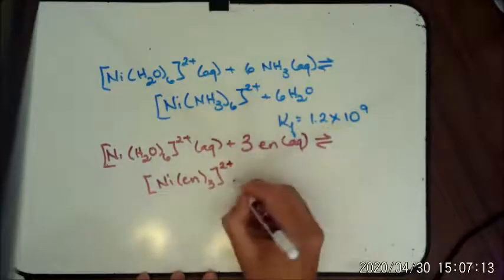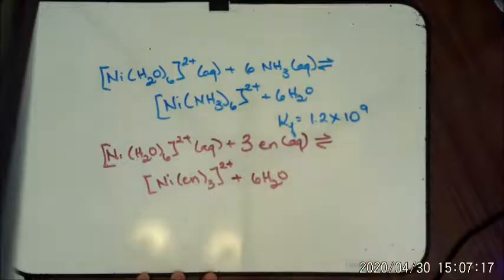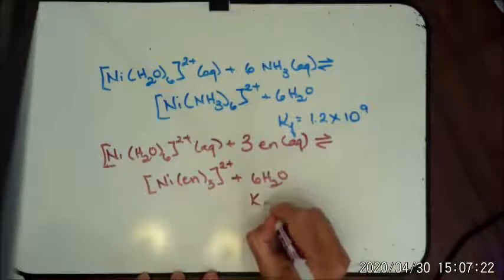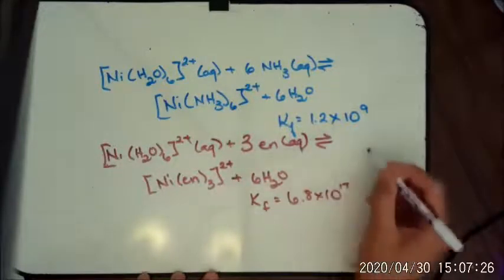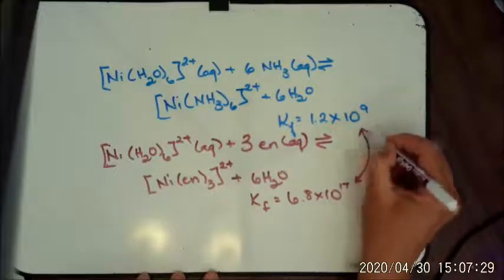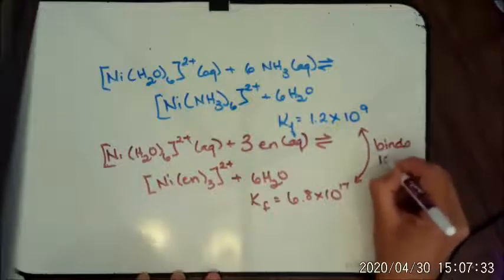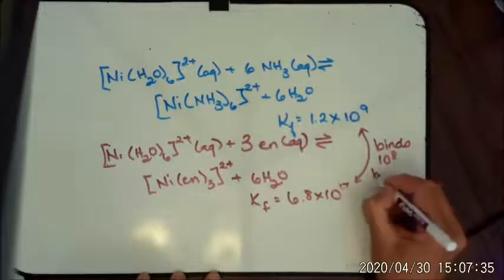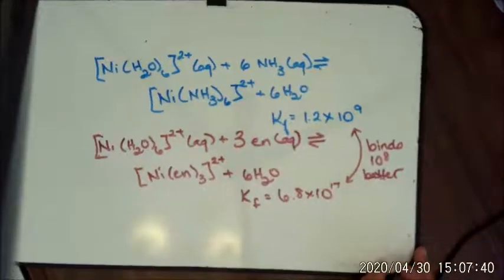And that's really what we're talking about. Because it's so difficult to pull the whole thing off, because I have 2 of them attached versus just 1, you'll find that the Kf is 6.8 times 10 to the 17th. Okay? So it binds 10 to the 8th times better than having a monodentate.